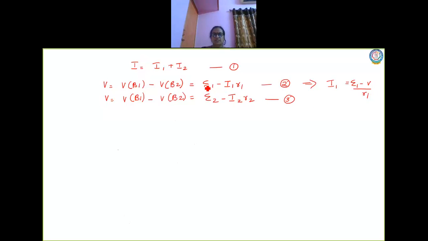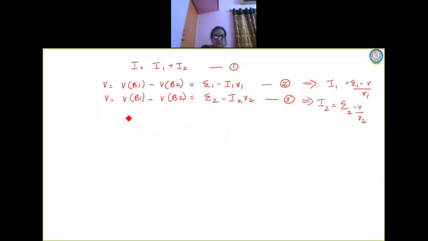I have taken R1 to the left side and brought V to the other side. Similarly, here I2 is equal to psi2 minus V by R2. Is it clear?